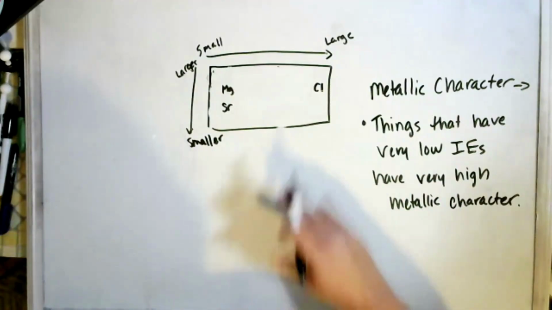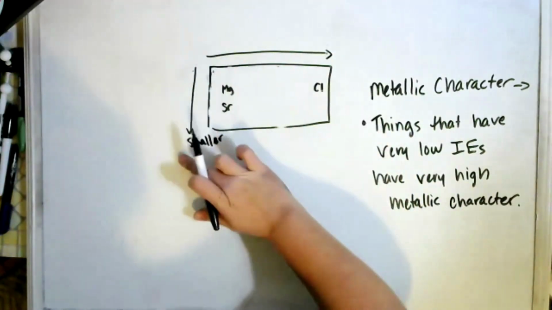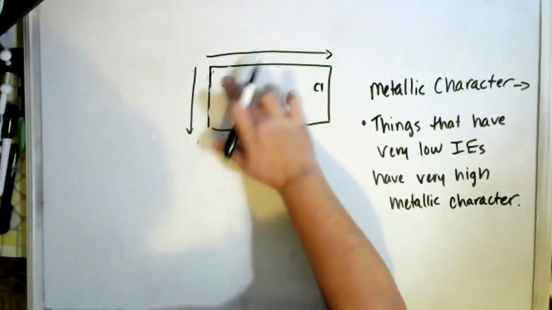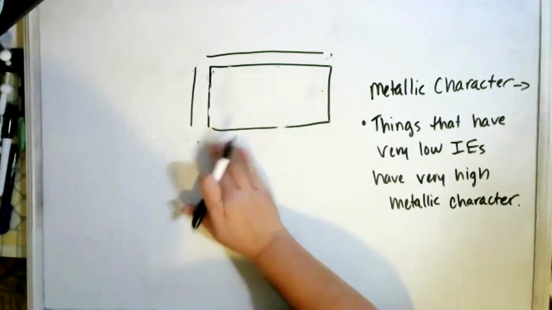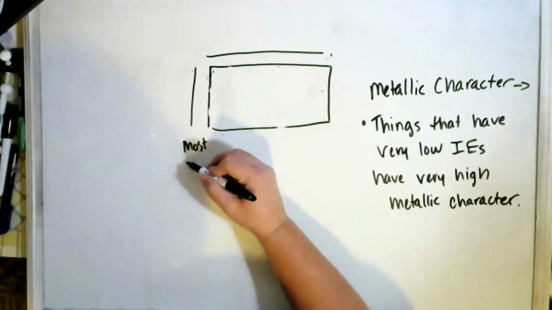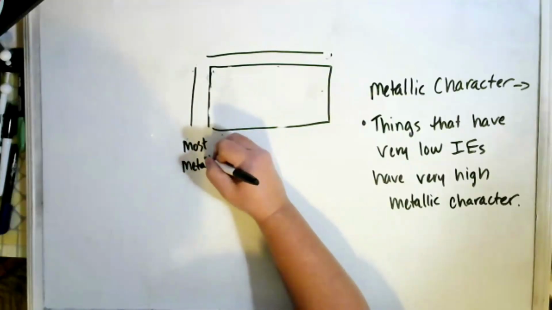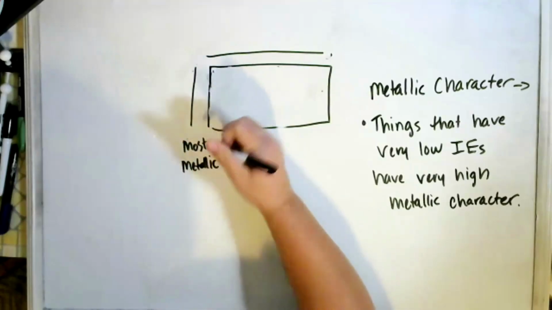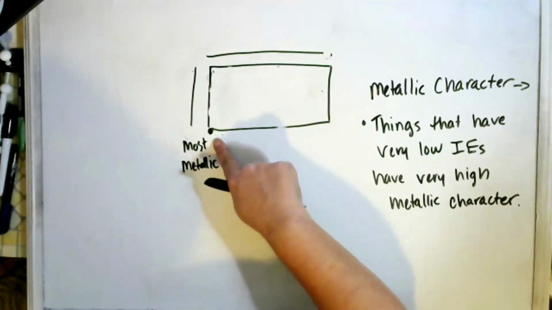Okay. So in terms of metallic character, we're going to see that our most metallic element is going to be down here. And this is where our lowest ionization energy was.